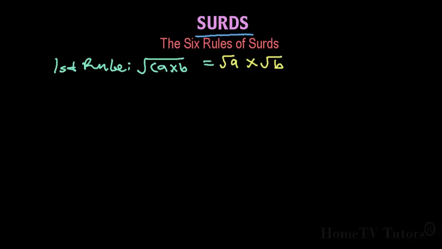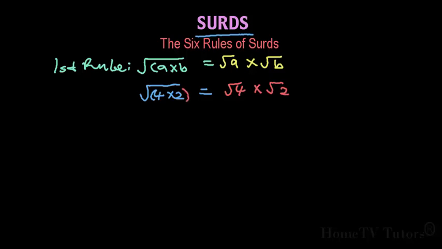Okay, good. So for example, the square root of 4 times 2, we will write this as square root 4 times square root 2, just as the rule says.